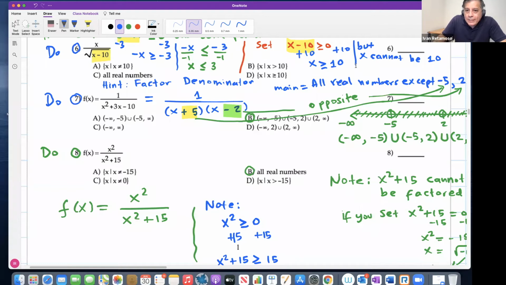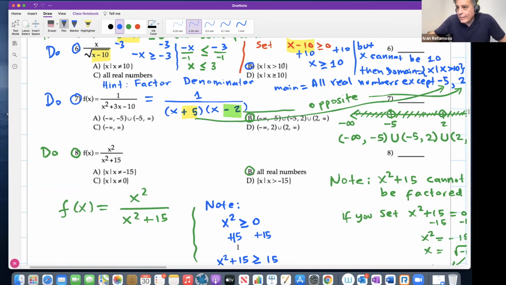Cannot be 10, right? So then the domain: the set of all x such that x is strictly greater than 10, right? Not 10. So we go with this, right?